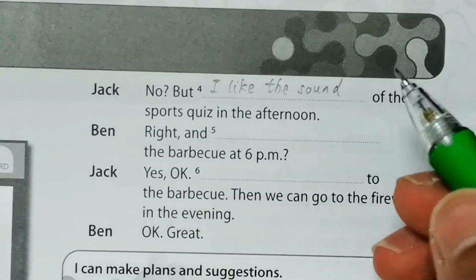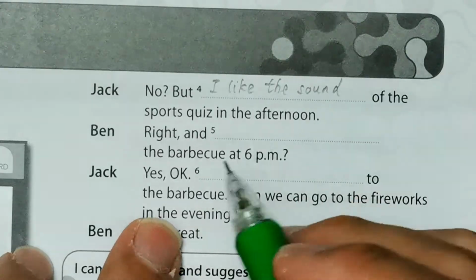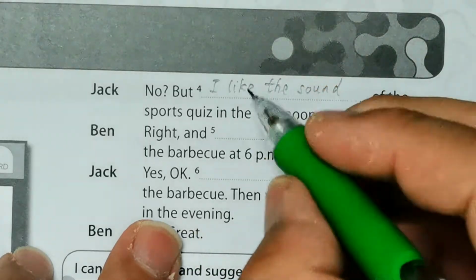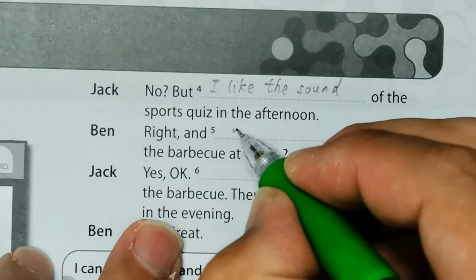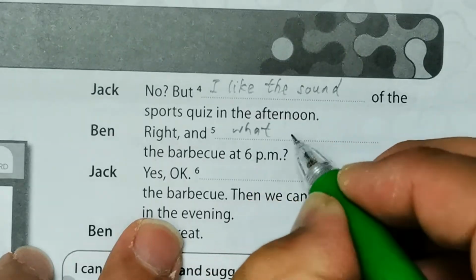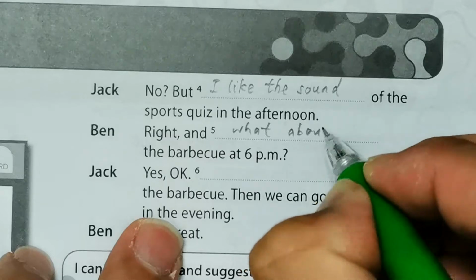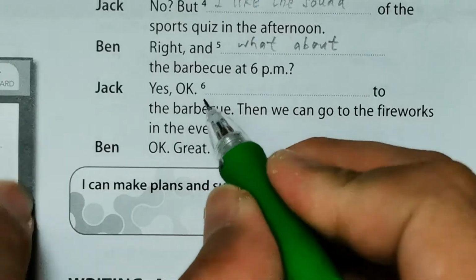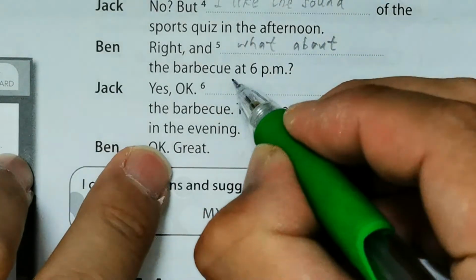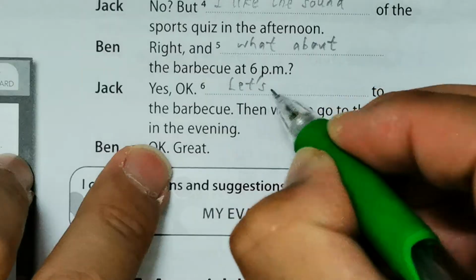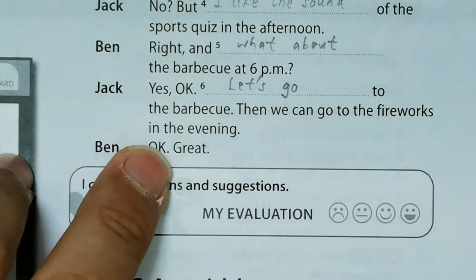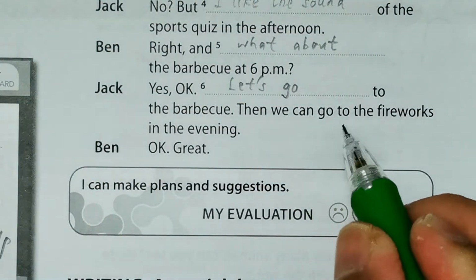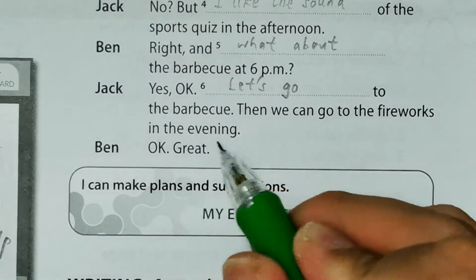Right, and number 5, what about the barbecue at 6 p.m.? And next, number 6, let's go to the barbecue. Then we can go to the fireworks in the evening.